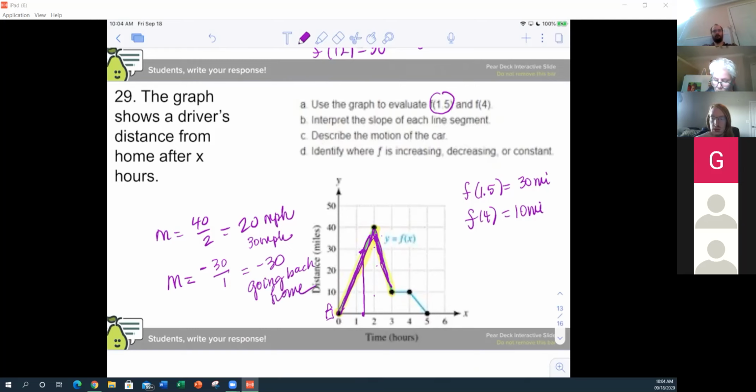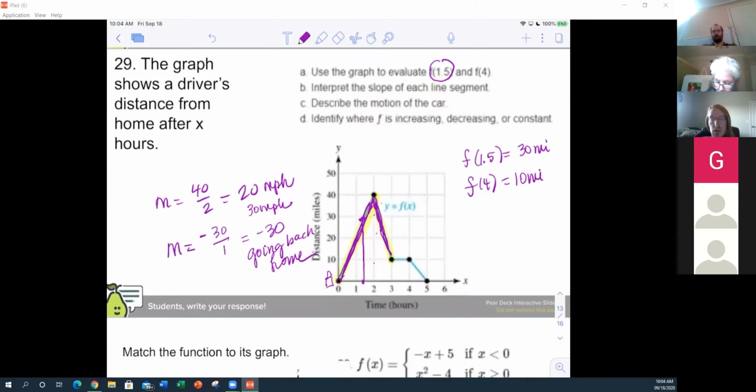Okay, now he stops at, I don't know, Cracker Barrel or something right here, right? That's what's happening. Do we have to write out the slopes exactly like that, or can we just put the 20 miles per hour for the first? You can put negative 30, but it's not really negative 30 miles per hour. He's going 30 miles per hour.